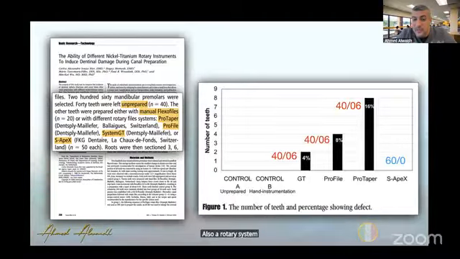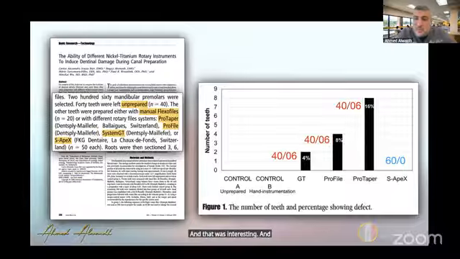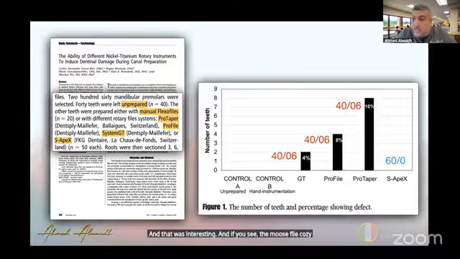So they compared many rotary file systems. They found that the majority of them caused what? Cracks. And that was interesting. And if you see, the file that caused the most cracks was ProTaper.